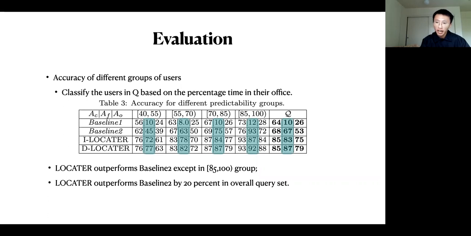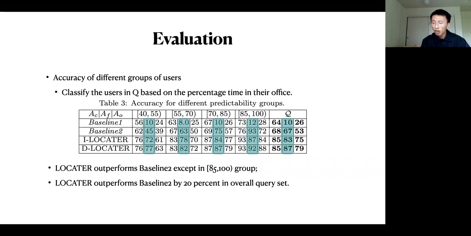Each cell in the table contains 3 accuracies: coarse-grained, fine-grained, and the overall method. We focus on the fine-grained accuracy, which is colored green. Locator outperforms all baselines in the less predictable groups, except in the group 85 to 100.